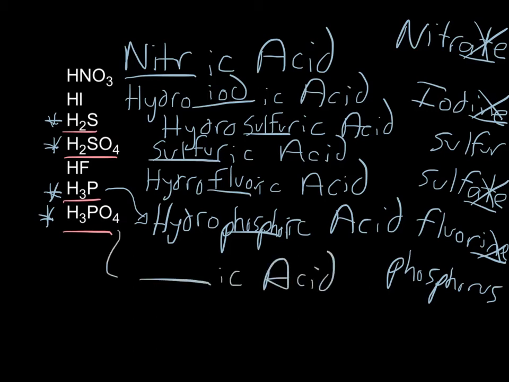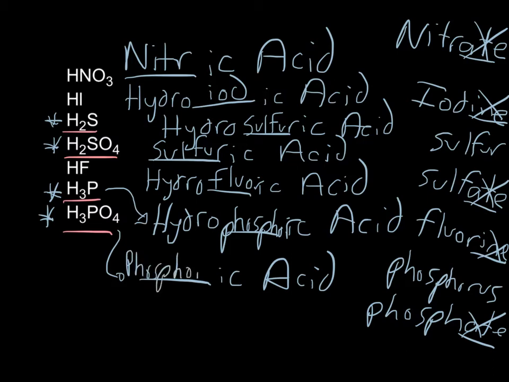The question is, how would we go about naming that one? PO4, that is phosphate. Just like before, I have to drop the -ate. And so how would I name that? Well, again, unless you saw this a lot, they name that phosphoric acid. Not phosphic acid, but phosphoric acid.